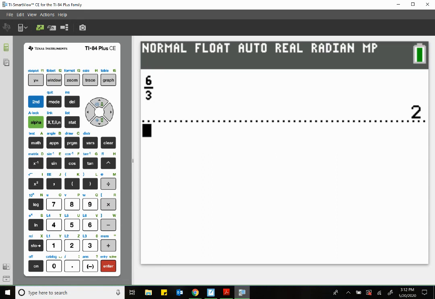So let your calculator do any reducing that you need to. Let the calculator do the work. Okay? I don't expect you to do fractions by hand. That's just crazy. We got a calculator. And a free one at that. If you're using the TI-84 that you got from Texas Instruments, it's free. Let it do its job.